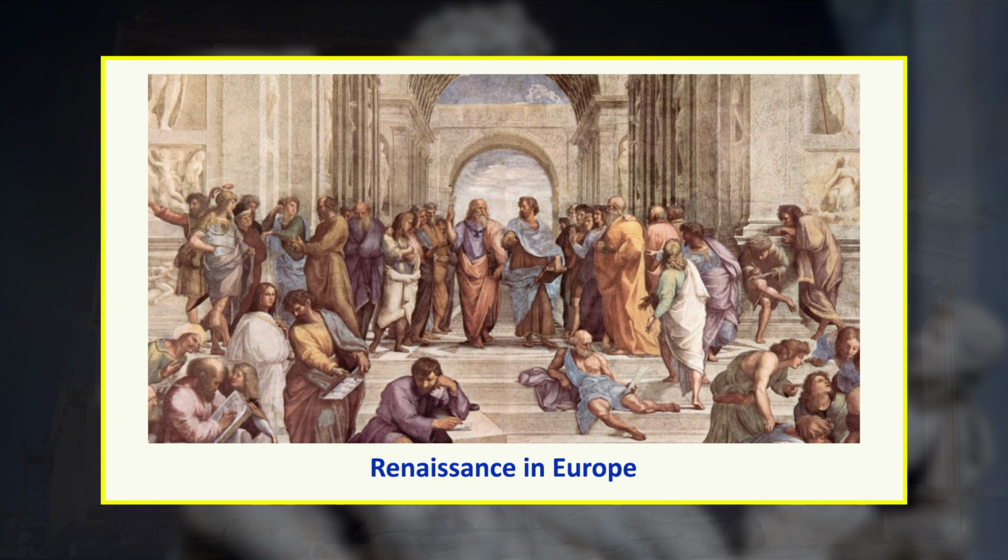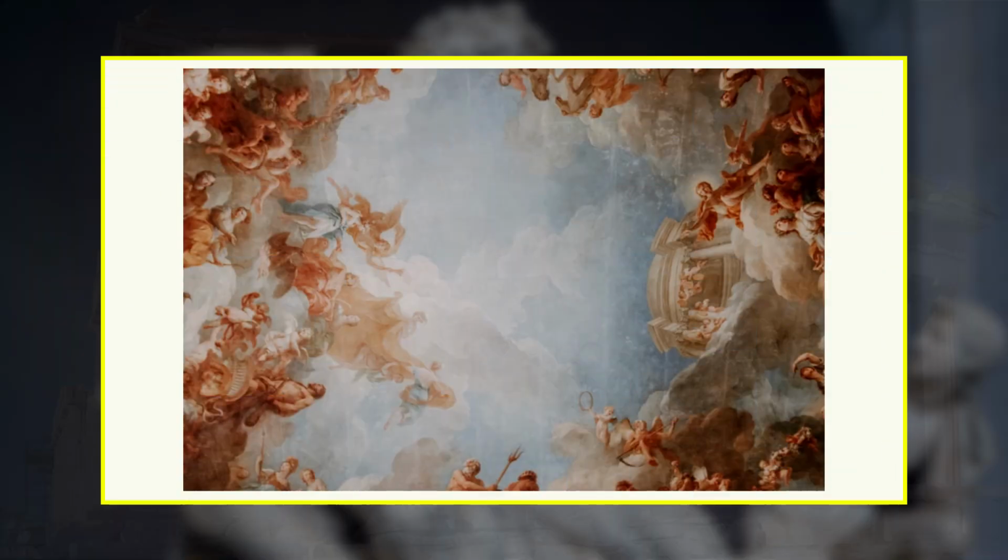Following the Renaissance in Europe, generations of European artists were influenced by the humanist aesthetic and high technical standards of Greek painting. The classical tradition originating from Greece dominated Western art till the 19th century.